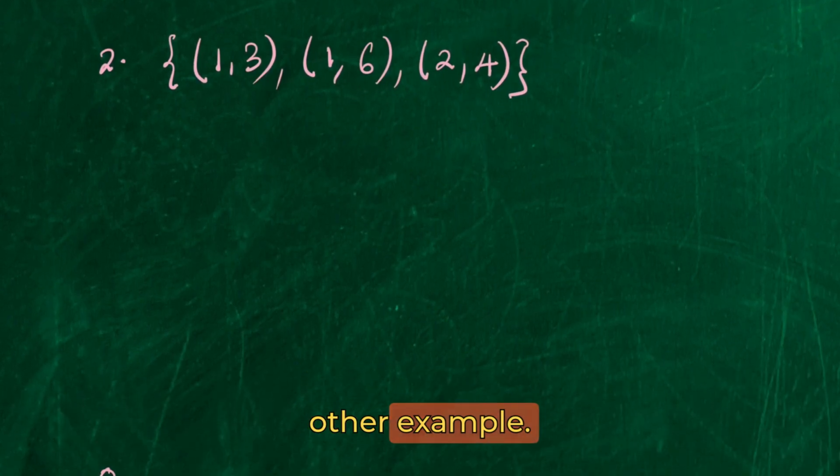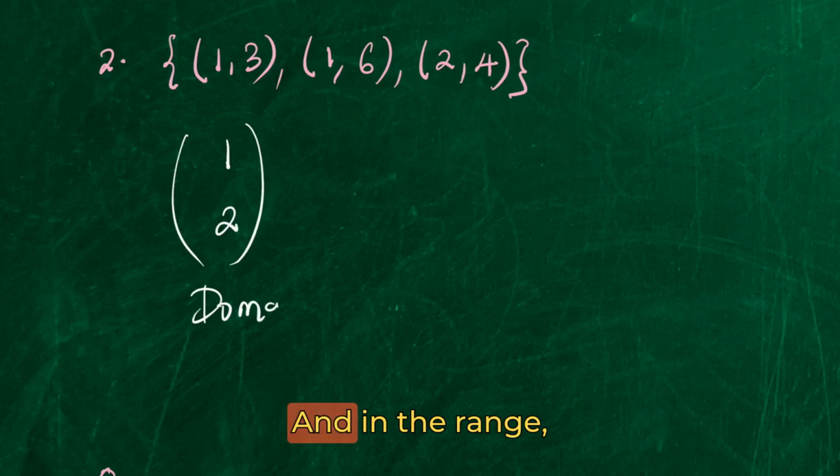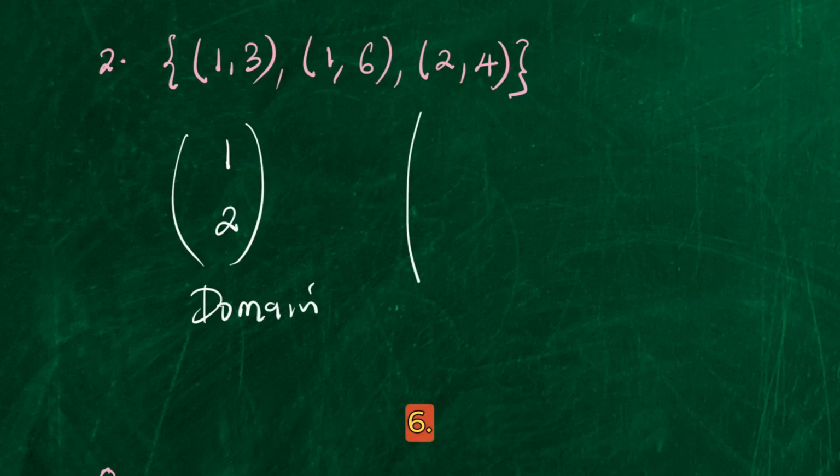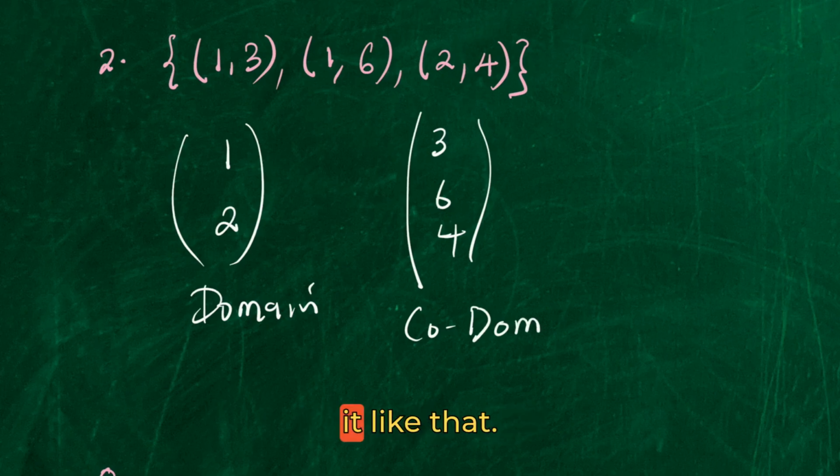Let's look at this other example. So I have the domain, 1 and 2, and in the range I have 3, 6, and 4. So this is the codomain, or range, if you want to call it like that.